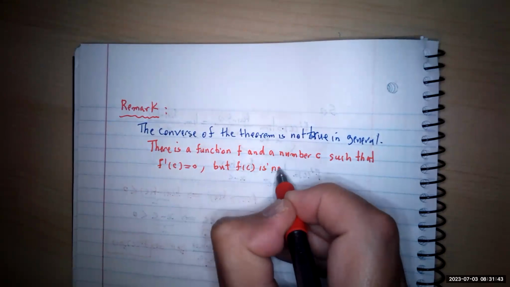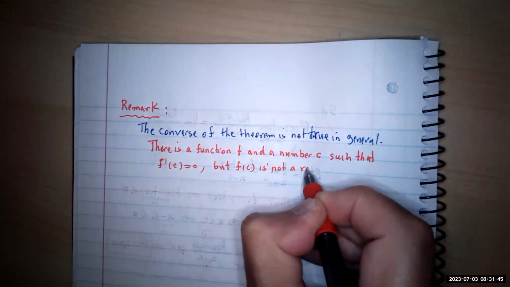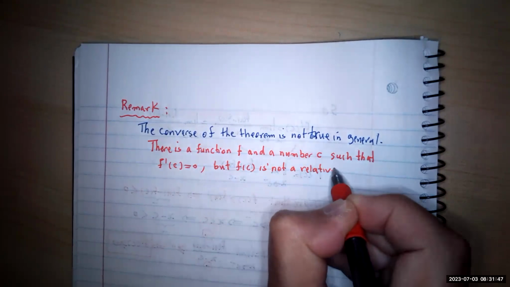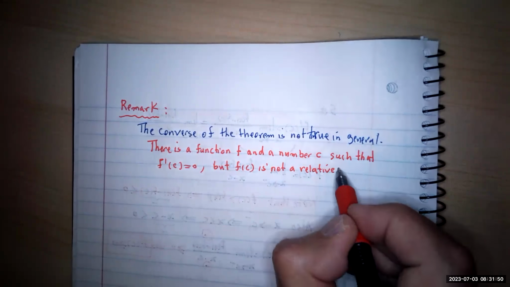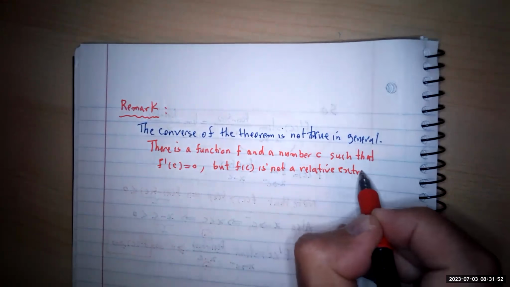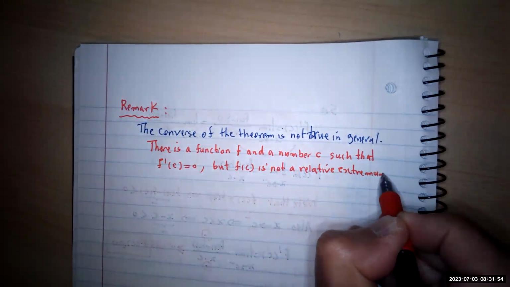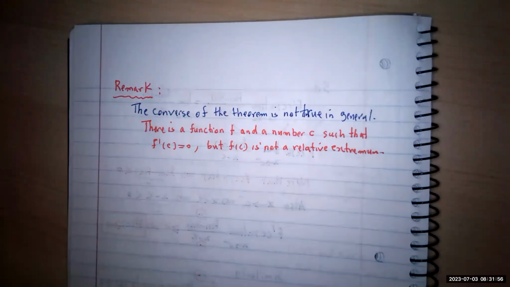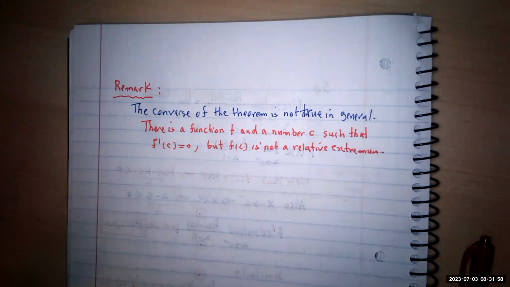It is not a relative extrema. So this means you have to do something else for us. So you need to know this example. It's a very famous example. It's kind of a unique example.